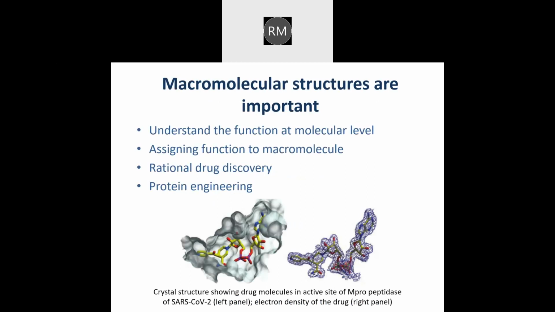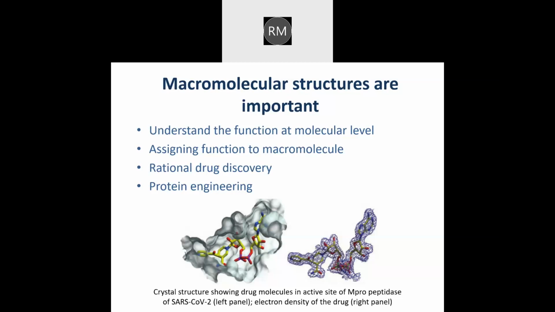Then one can assign the function to macromolecules. Suppose one macromolecule is there and no function is known. Based on its structure, its homology with respect to other proteins is known, and one can infer and assign some function to the macromolecule and what it might be doing at the cellular level.